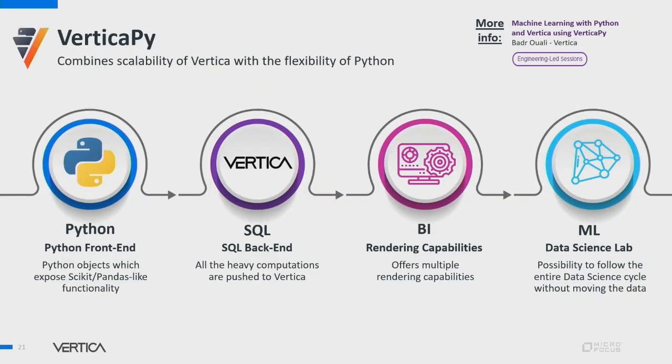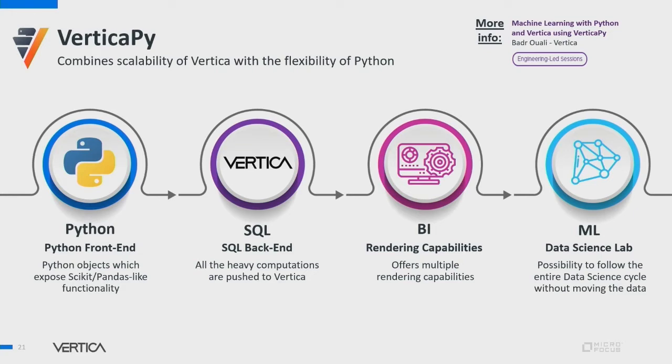Continuing on the data science aspect of our product, VerticaPy is a new project that we open sourced this past year. It combines the flexibility and ease of use of Python, which our data science community loves, with the back end of Vertica, so you get distributed processing and lots of power, as well as enterprise features around security and resource management.